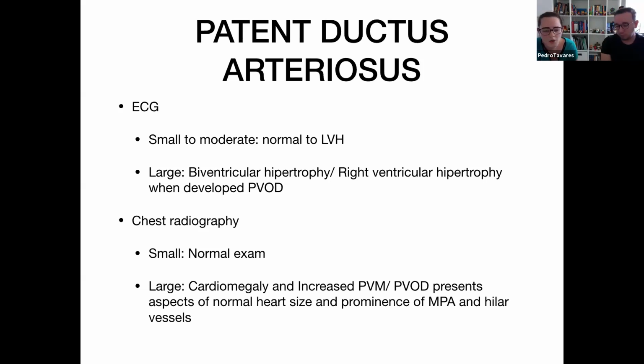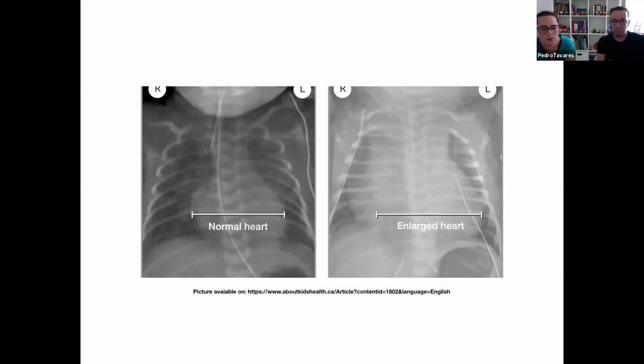When you have pulmonary vascular obstructive disease, you can have a normal heart size, but you have prominence of the main pulmonary artery and the hilar vessels. Here's a picture of a normal size heart and the other one with an enlarged heart and enlargement of the pulmonary vasculature.